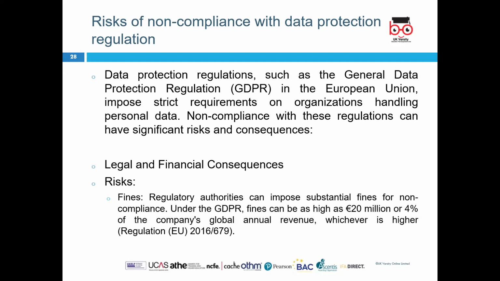Some of the risks include, the first one, the legal and financial risks. In this, organizations can face monetary penalties. For example, under GDPR, the fines can be as high as 20 million euros or 4% of the company's global annual revenue. Remember, it is not the subsidiary's revenue, it is the global annual revenue, whichever is higher.